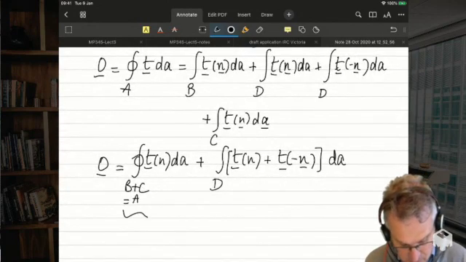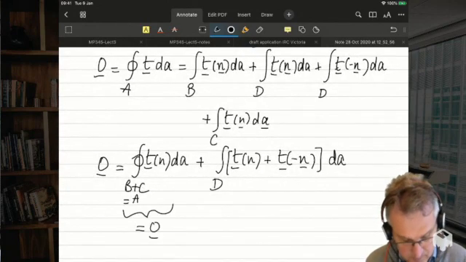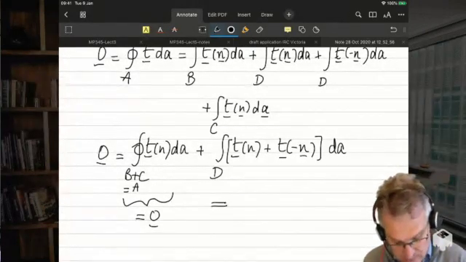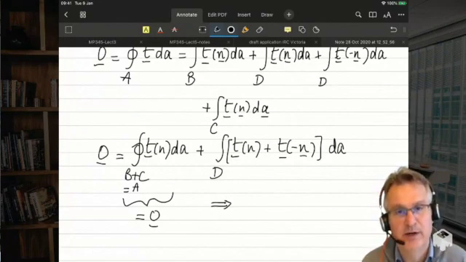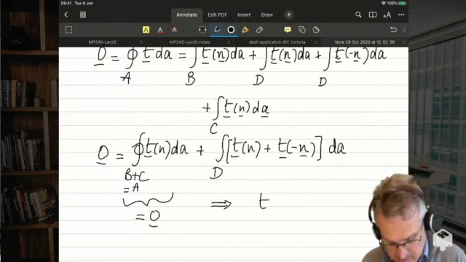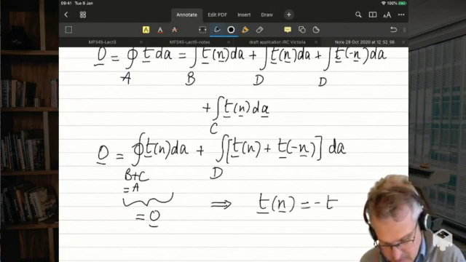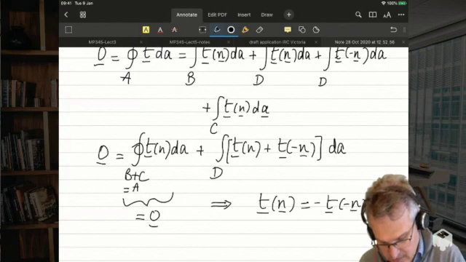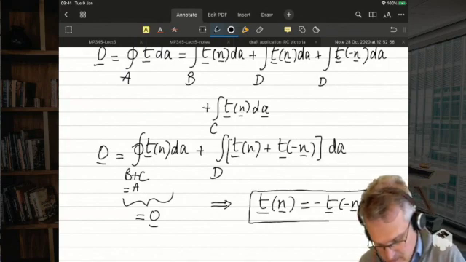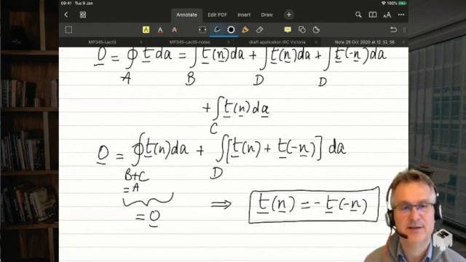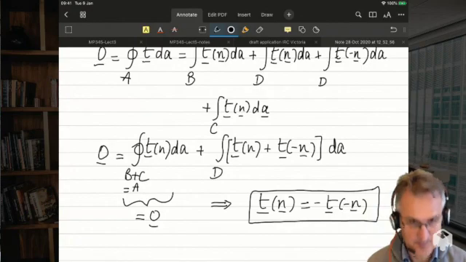But this here, that's 0. That's why I've written above. And so the conclusion is, since I can do that with any volume in my solid, that T of n is minus T of minus n. Nice consequence. And we must keep that in mind. It's going to come in handy now.